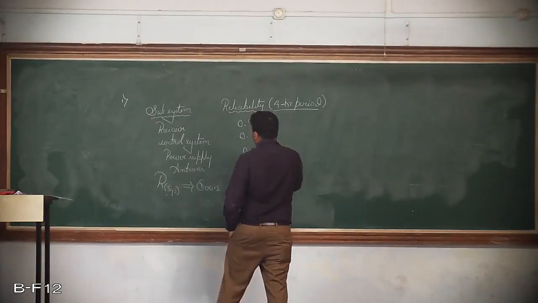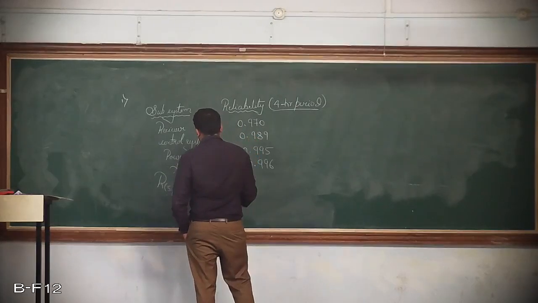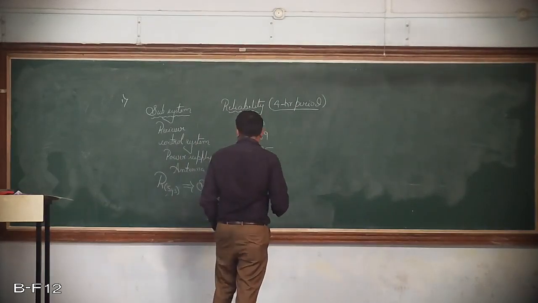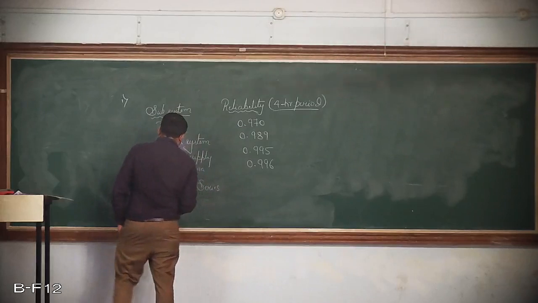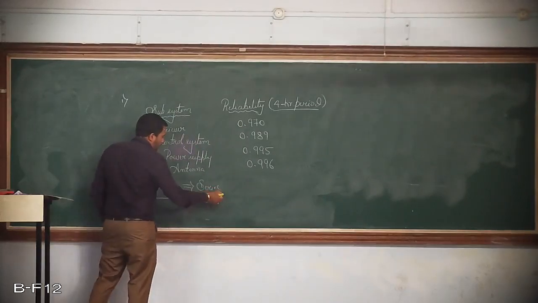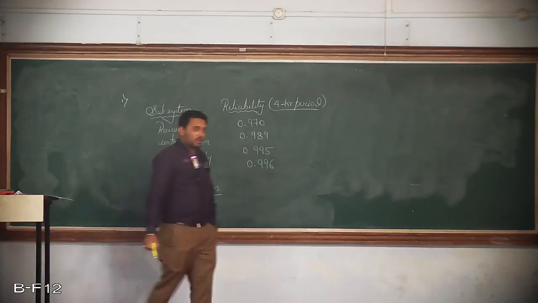So here they have directly given the reliability of the subsystems comprising the communication system, and they have asked you to find out the reliability of the system assuming the subsystems are connected in series.